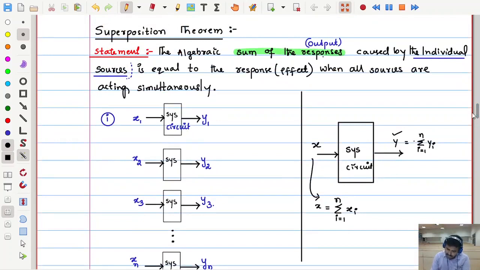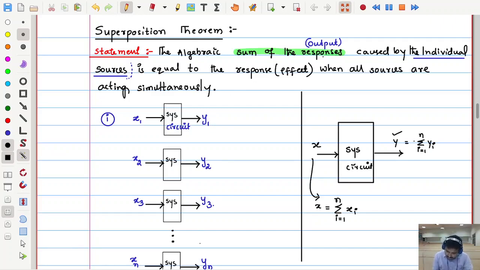Let me explain this concept with a simple problem. But before that, let me look at this statement once again. See, the algebraic sum of the responses. What are the responses? Responses are outputs. These outputs are y1, y2, y3 and so on to yn.